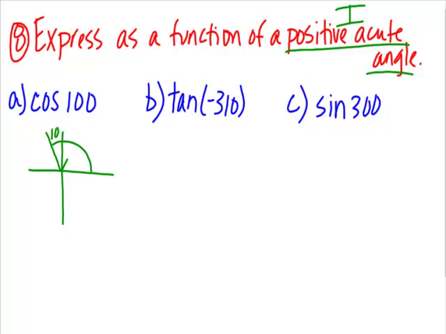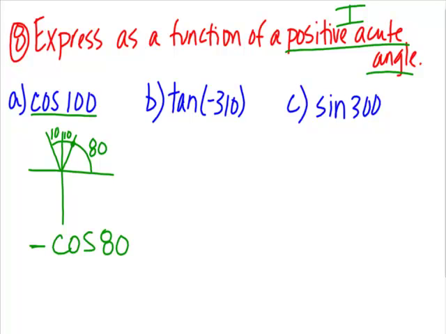That means there is an angle that is 10 degrees over here that will have the same cos value. So then this would be 80. So I know then that the cos of 80 is going to have the same value. Now the question is, does it have the same sign? And cosine of 100, if I type it into my calc, is negative. So in order to have this cos 80 come up with a negative in front of it, I need a negative, because cos 80 itself is positive.